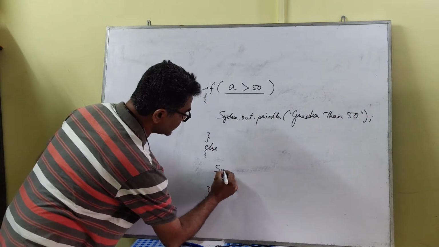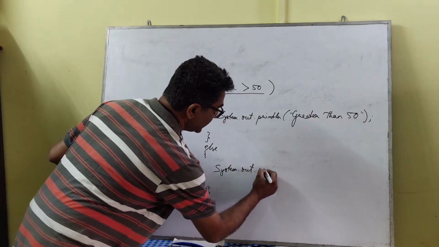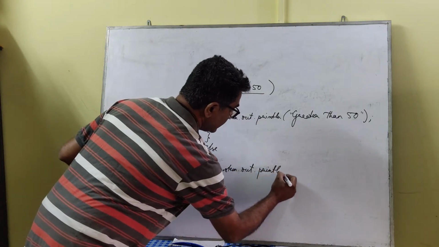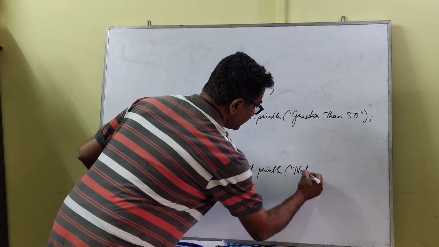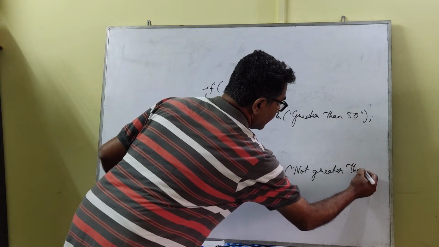Else we can write system.out.println, not greater than 50.